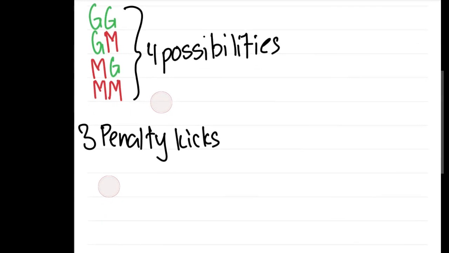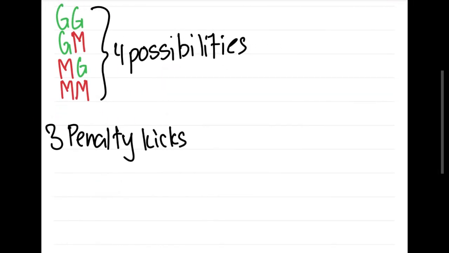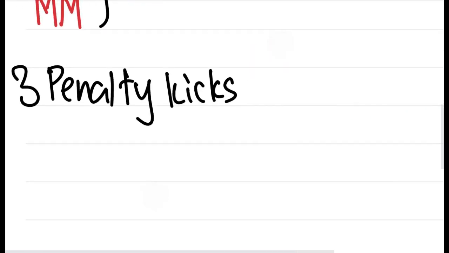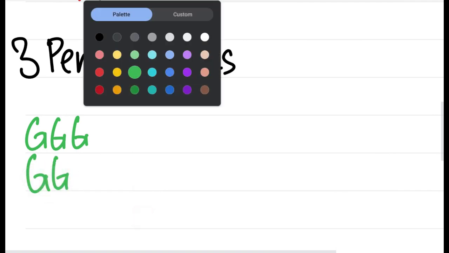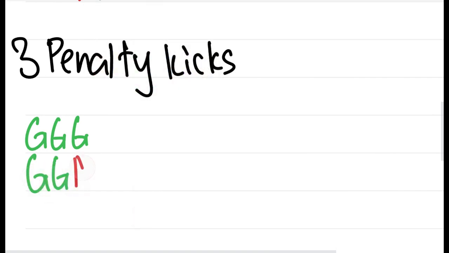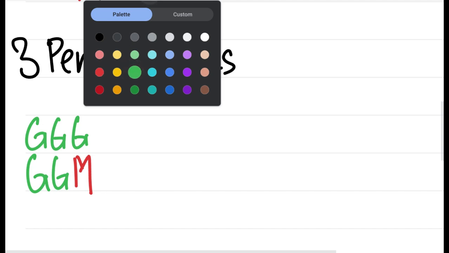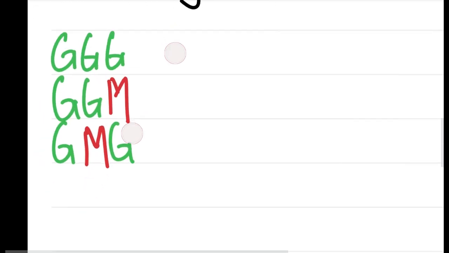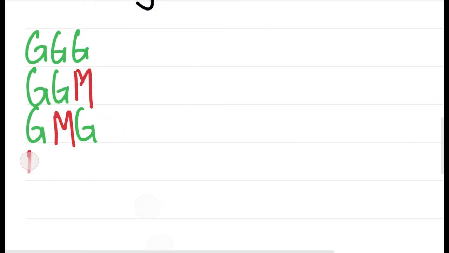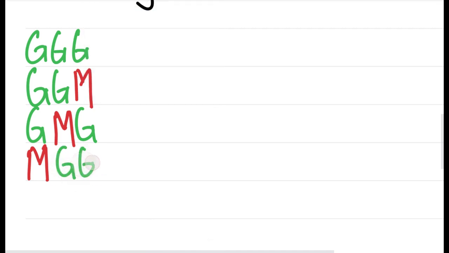Let's go through this first before I tell you the actual answer. So, of course, we have all three goals. We can also have the first two goals and the third one a miss. Then we can have goal, then miss, then goal. Then after that, we can also have miss followed by two goals.